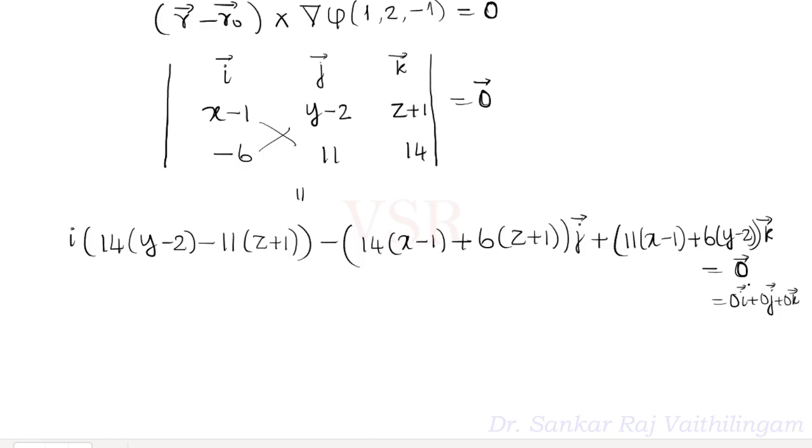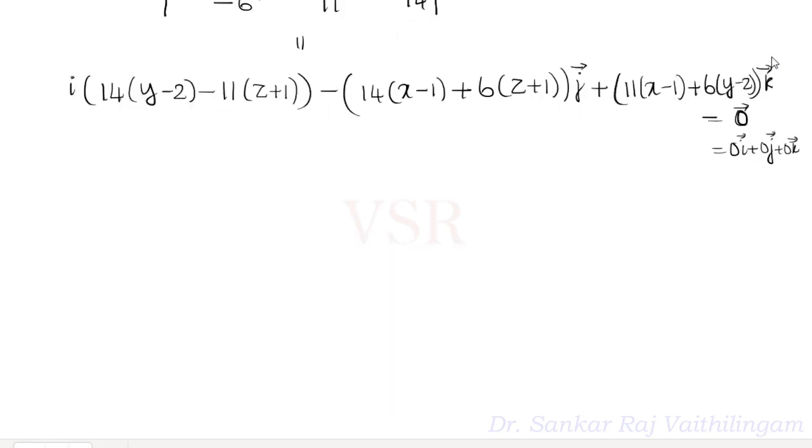Is it okay? Do you understand? The 0 vector means each coordinate is going to be 0, 0, 0. Now we need to equate these two vectors. What does this mean? This implies that we have 14 times y minus 2, no need to simplify, minus 11 times z plus 1 equal to 0.